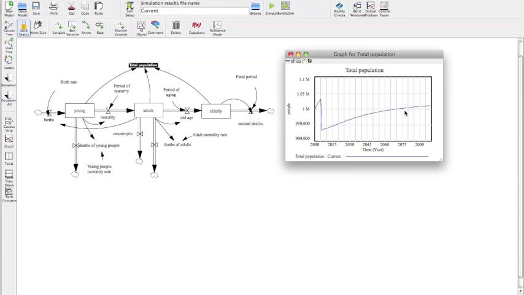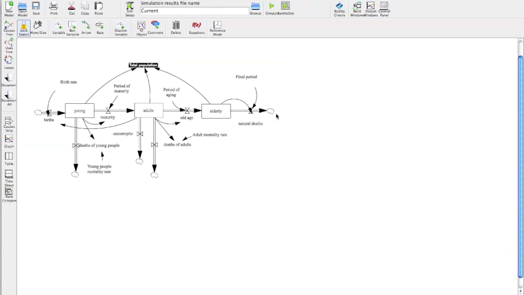Now, what we saw is that this growth is primarily driven by the adults that were larger to begin with. They were 500,000 to begin with, becoming elderly. So the lasting effect is that you have a population that recovers from the catastrophe but becomes older on average. So that's an interesting demographic effect of this catastrophe.